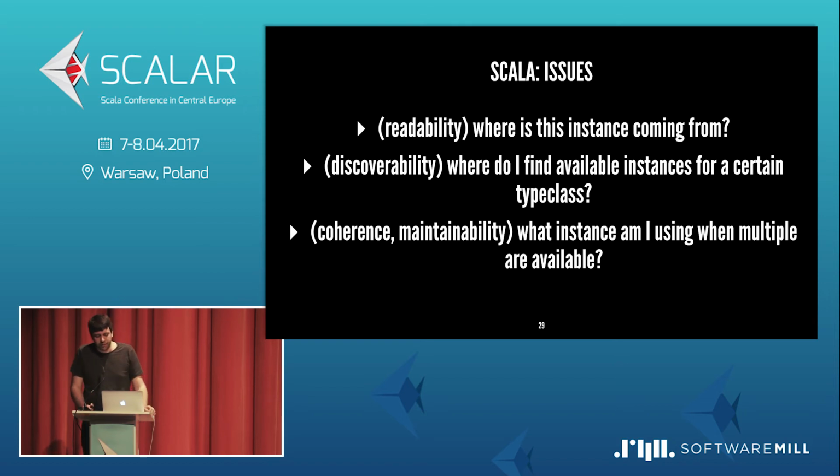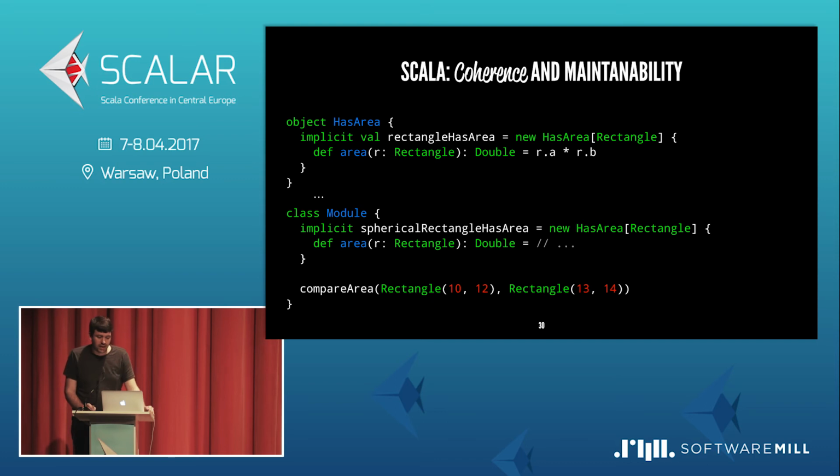So first of all, coherence and maintainability. Let's say that we have hasArea, we have an implementation for rectangle defined in the companion object. And also, we are going to define another instance inside our module where we're writing our code. So think of this as being a piece of library on top or another compilation unit. And then this is your code of your web request handler, for example.